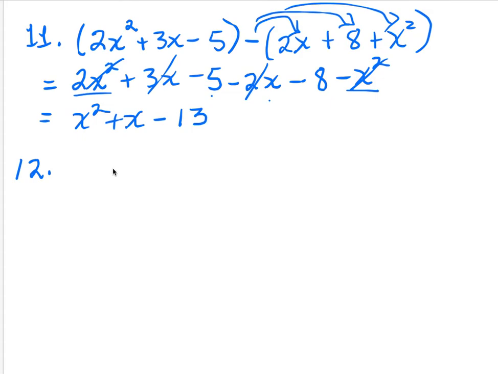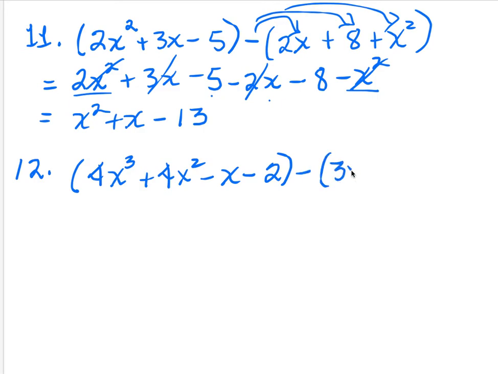All right, so 12. Let me see if I can hurry up and do this. 4x cubed plus 4x squared minus x minus 2 minus the quantity 3x cubed minus 2x squared plus 1.